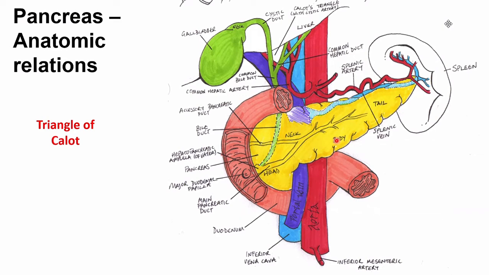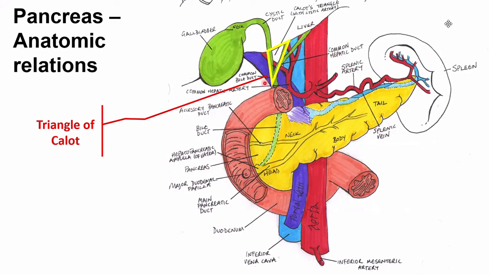Where's the triangle of Calot? The triangle of Calot. So there, that's the triangle of Calot. Medially the wall is made of the common hepatic duct.